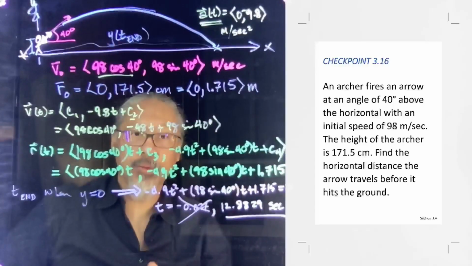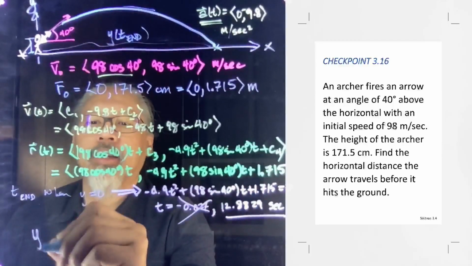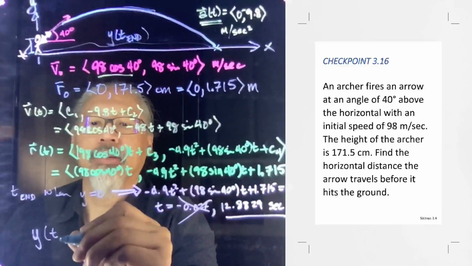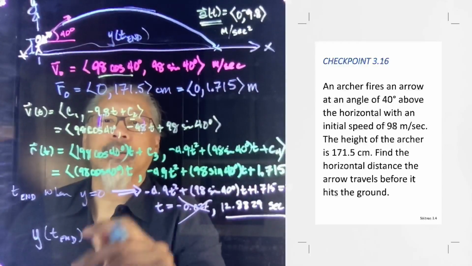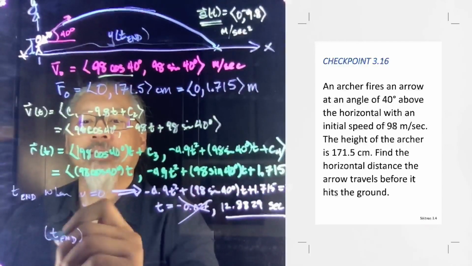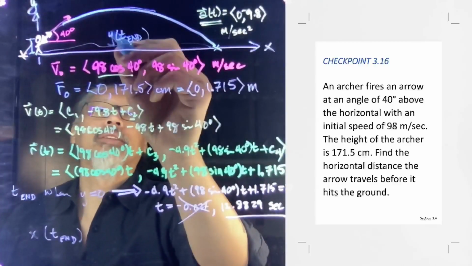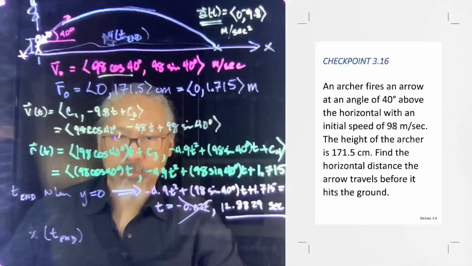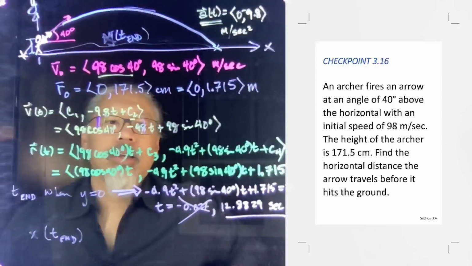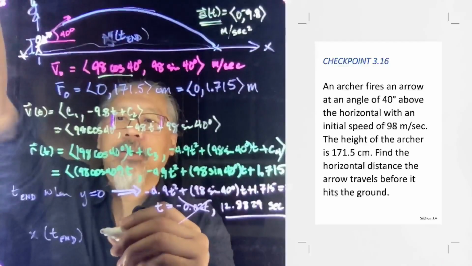Once we get the time when it lands, we figure out what the x value of that is. Sorry, this is an x value. We basically put this into this formula.